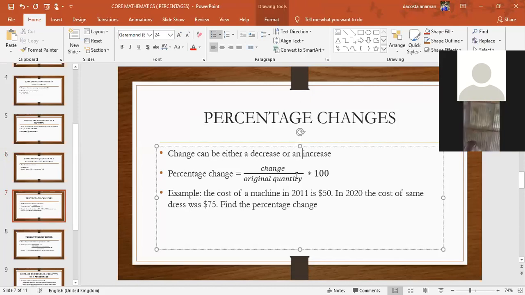Now, to find a percentage change, you divide the change by the original quantity, then multiply by 100. Is that okay?